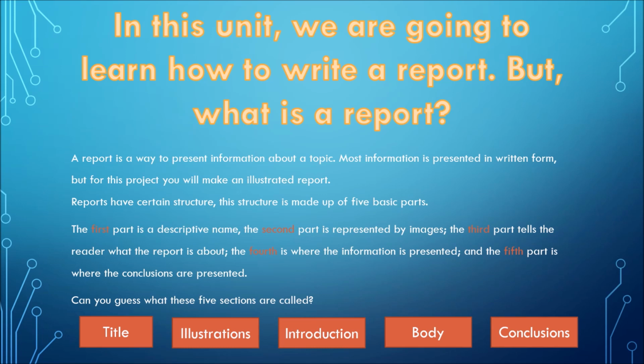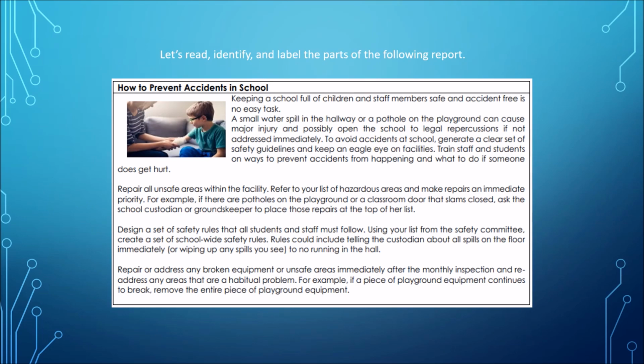It is the introduction. The fourth is where the information is presented, the body of the report. And the last part is the fifth part, where the conclusions are presented. It is called the conclusions. Let's read, identify, and label the parts of the following report.